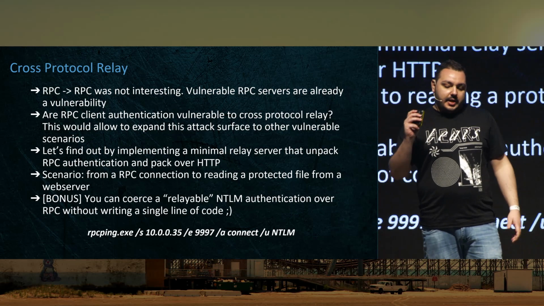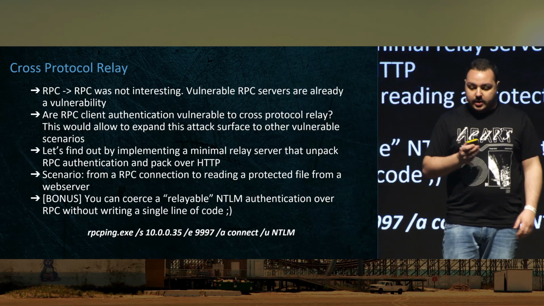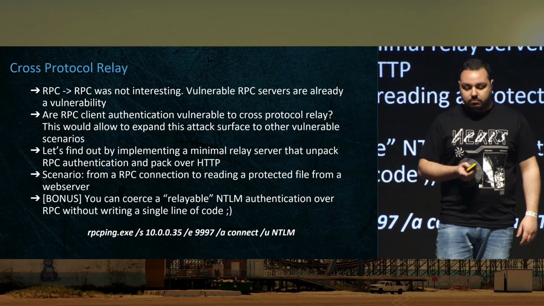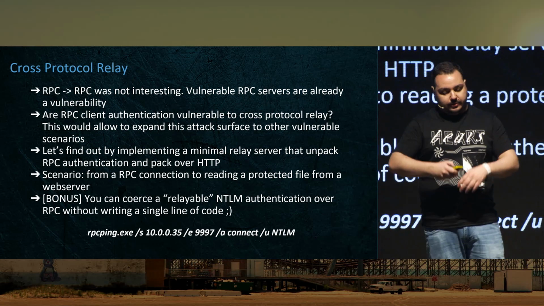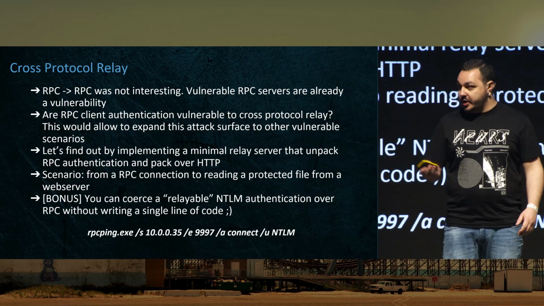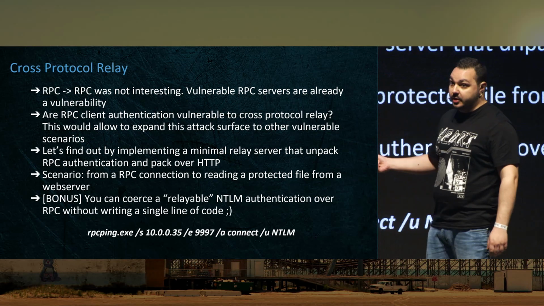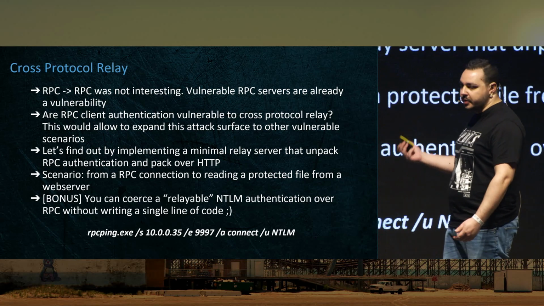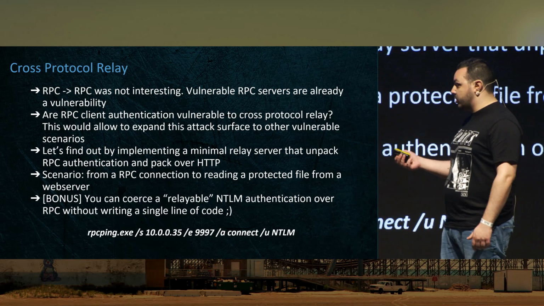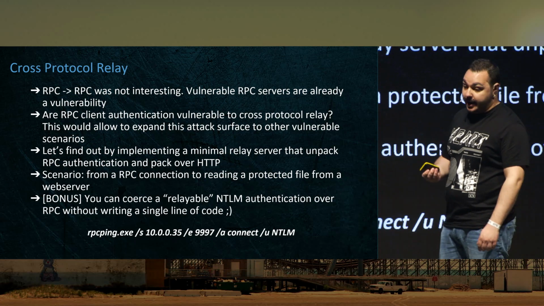If you want to trigger an RPC authentication with NTLM, you can write some code, but if you don't want to, you can use RPC ping. This is a built-in utility that allows you to trigger RPC authentication with NTLM.